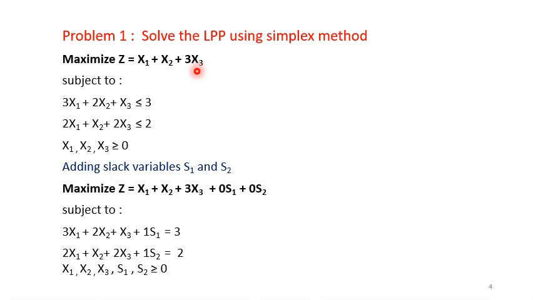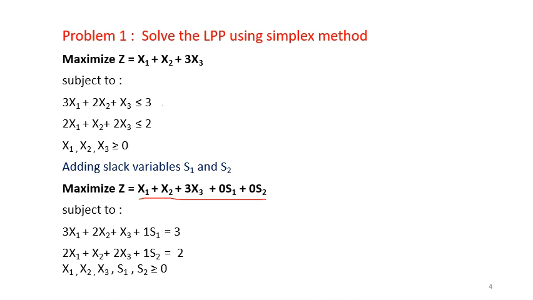The same LPP which is given to you now will be shown in the form of a standard simplex. Let us see here. Maximize z equal to x1 plus x2 plus 3x3. Here you can see the same equation is represented, but these two slack variables which are added to the constraints are also shown.